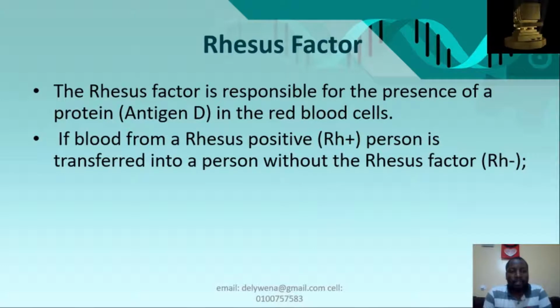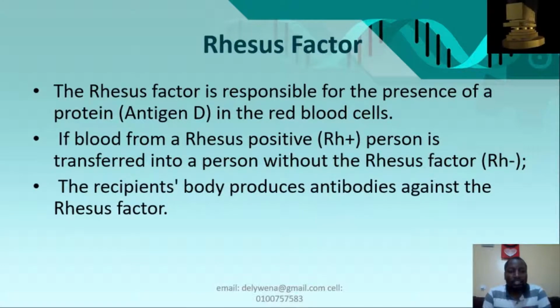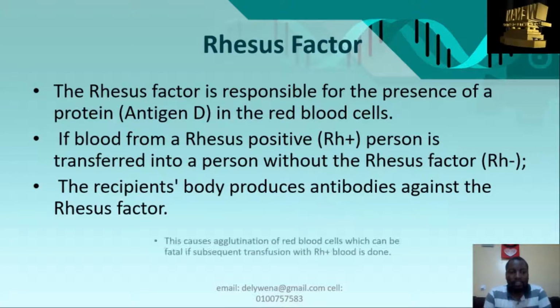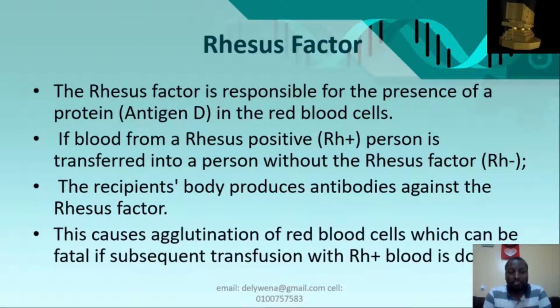If blood from a rhesus positive person is transferred into a person without the rhesus factor, whom we call rhesus negative, the recipient's body produces antibodies against the rhesus factor, and this causes agglutination of red blood cells, which can be fatal if a subsequent transfusion with rhesus positive blood is done.